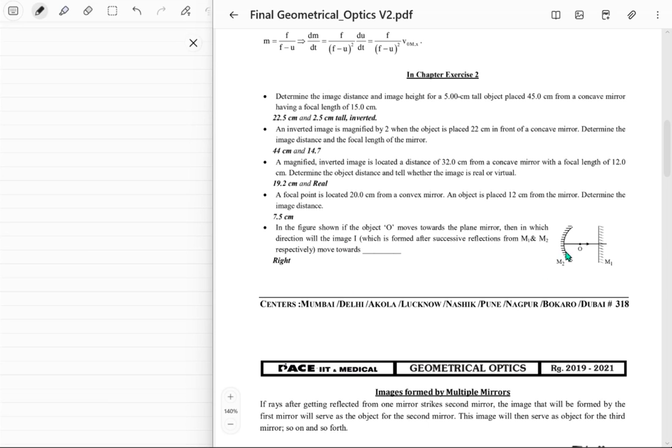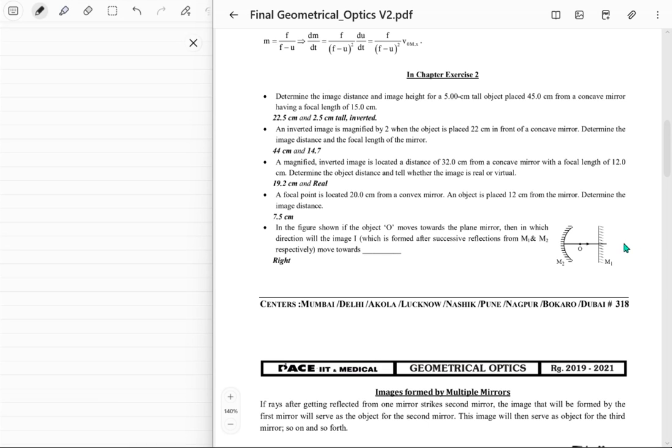Understandable. So, always moving like this. This guy's image when formed by M1 is moving in this direction, so it's somewhere over here. And from the looks of it, I think it's at a point which is more than the center of curvature. Successive reflection from M1 and M2 respectively, right? So first M1 and then M2. No, it must be first M1 and then M2.